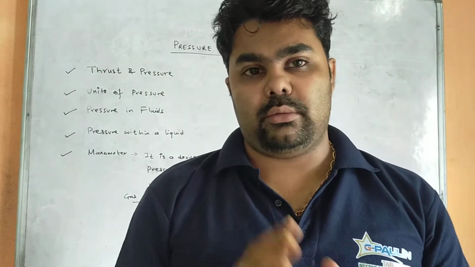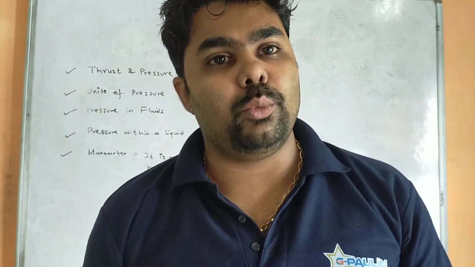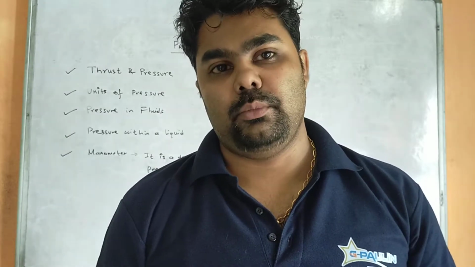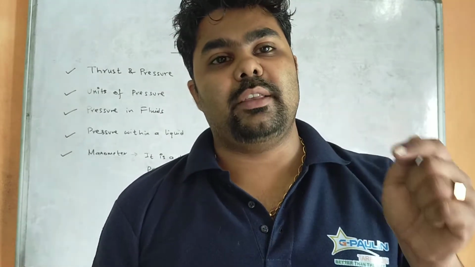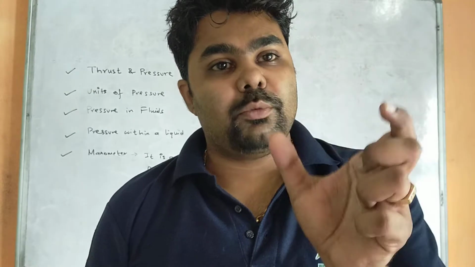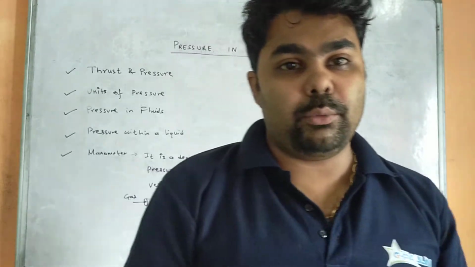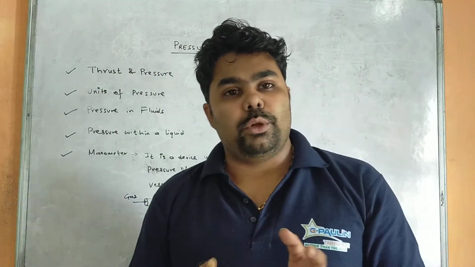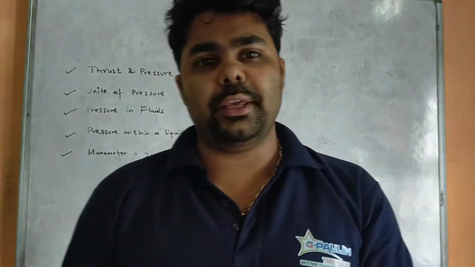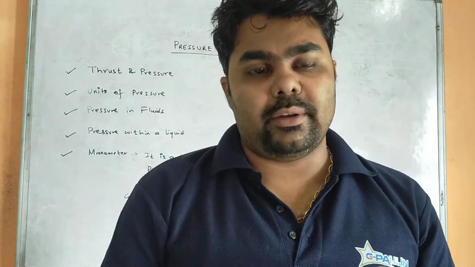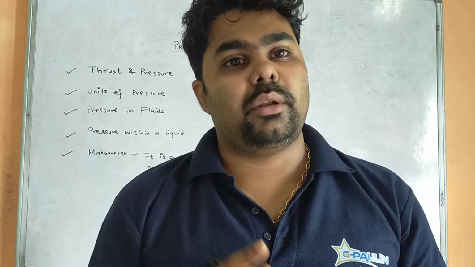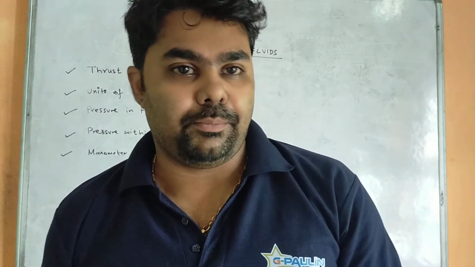Now that thrust depends upon the surface on which it is exerting the force. That means the object's force is exerting on what surface? The surface where you have placed it, whether it be liquid or solid. So it depends upon the area. Therefore pressure is defined as thrust acting per unit area.